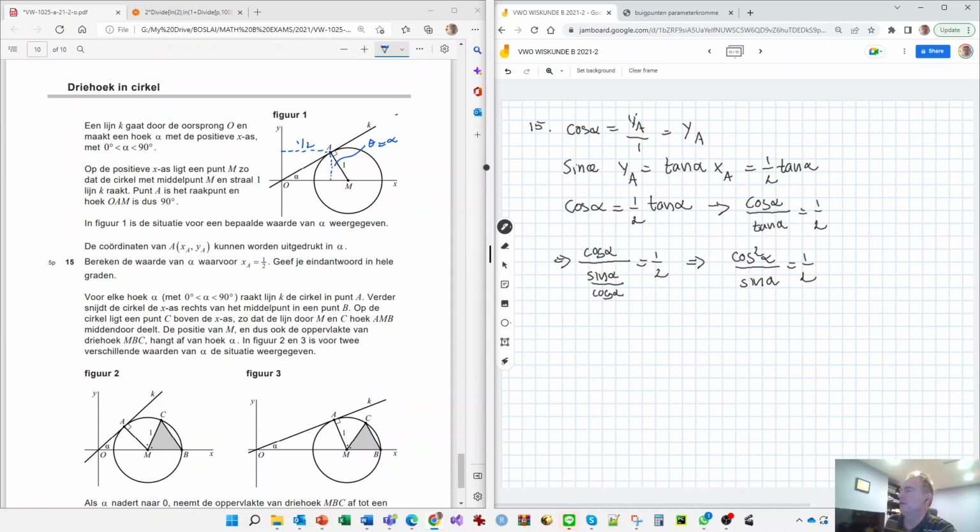Okay, well, let's express the cosine squared here as 1 minus sine squared. So by doing that, we basically have one unknown, namely the sine of alpha.